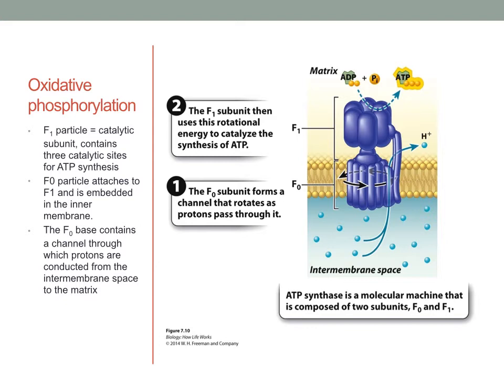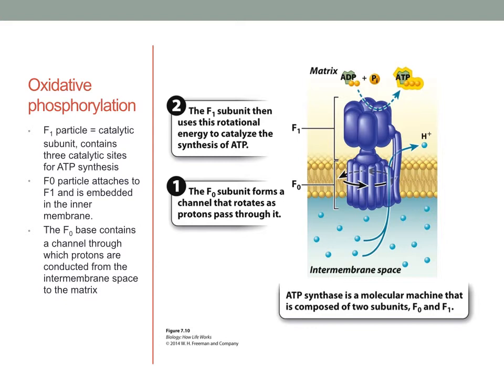However, while moving through it, the protons will rotate the F0 subunit, and the rotational energy will be transmitted to the other subunit, which is called the F1 subunit, that will use the rotational energy to catalyze the synthesis of ATP. So the 2 subunits will work together in order to use the physical motion energy of rotation to make the molecule of ATP.